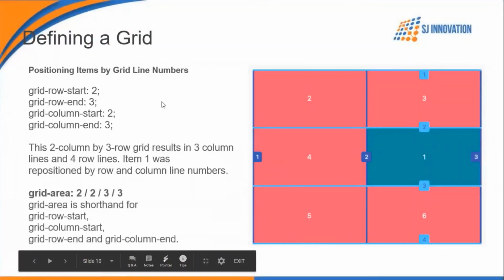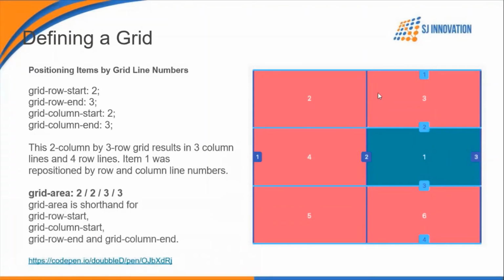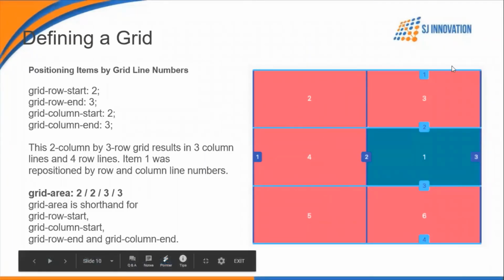Yeah, so here is a really confusing but also important part of CSS Grid, the positioning of items by grid line numbers. Okay, if we want to work with CSS grid line numbers, we need to know how it works actually. So here are 3 rows and 2 columns.